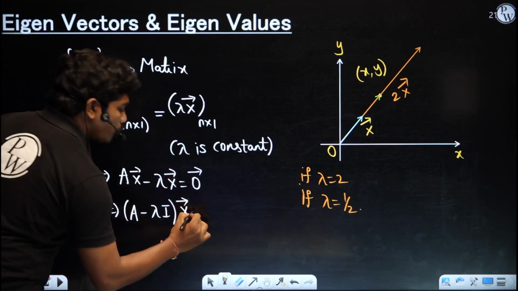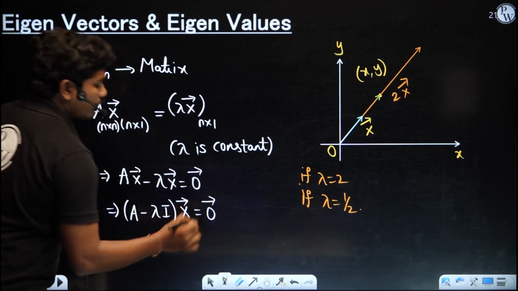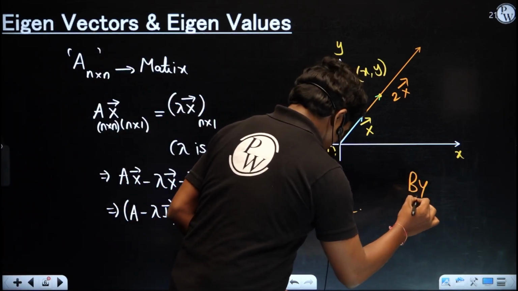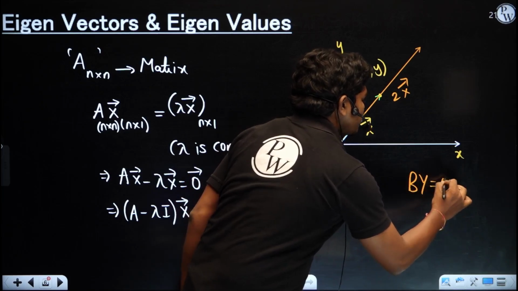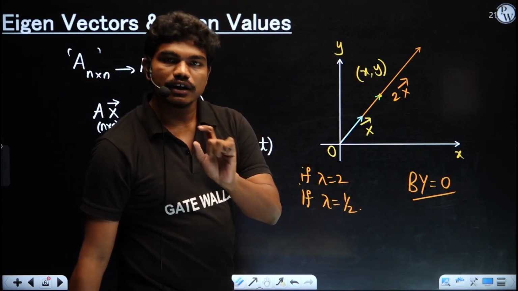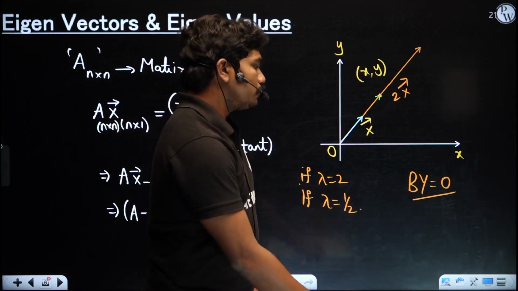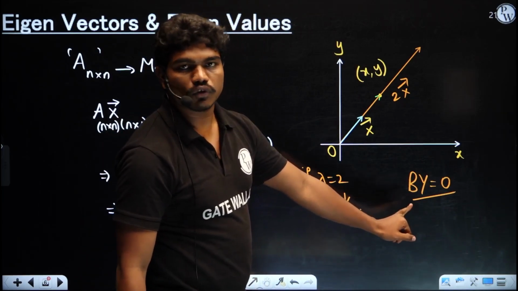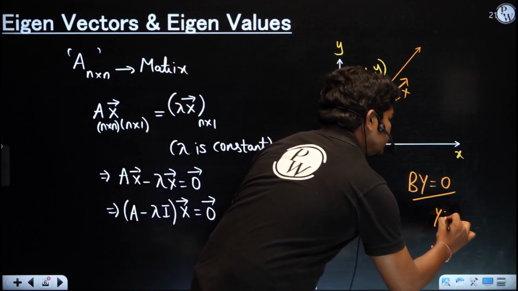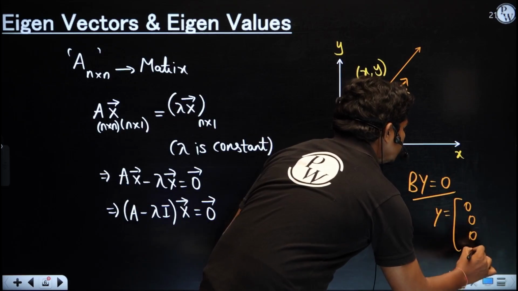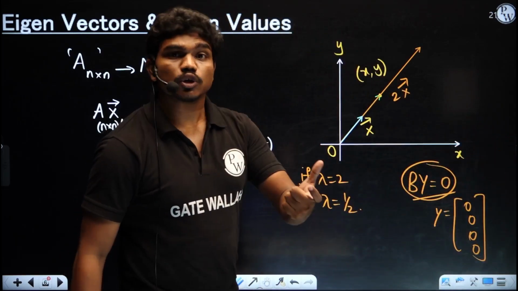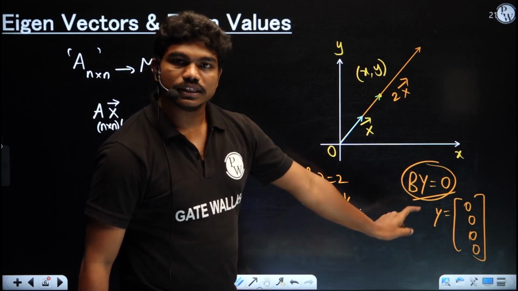Now, if we have a linear system of equations, then for this equation y equal to 0 is always a solution. Suppose A is 4 by 4, with 4 unknowns and 4 equations; then for y equal to the vector 0 0 0 0, this equation always gets satisfied, but there will be other solutions of this equation as well.